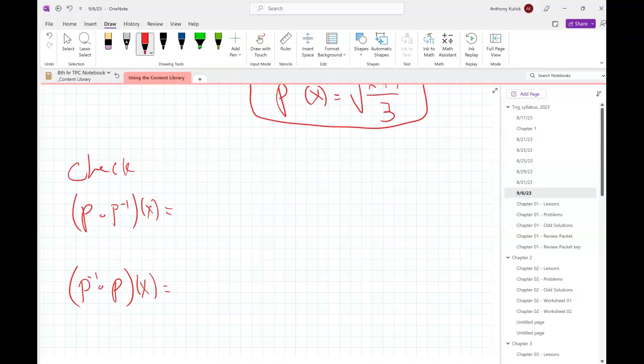So P compose P inverse, that's going to be P of the square root of (x plus 4) over 3. So when I plug that into P, that's 3 times x squared, but instead of x, I'm going to write the square root of (x plus 4) divided by 3. So there's my composition.